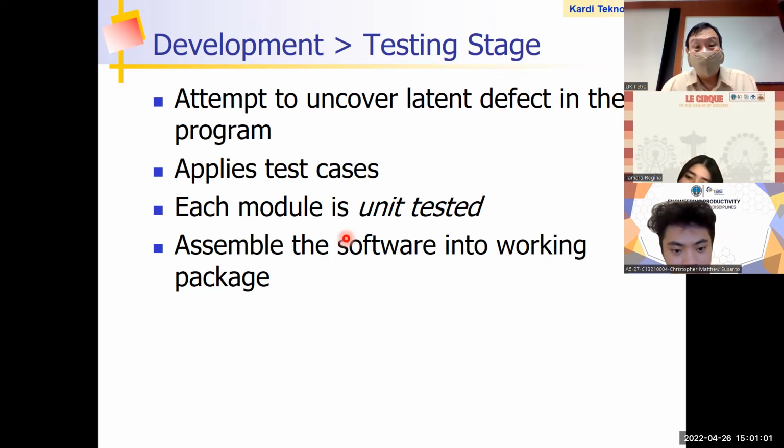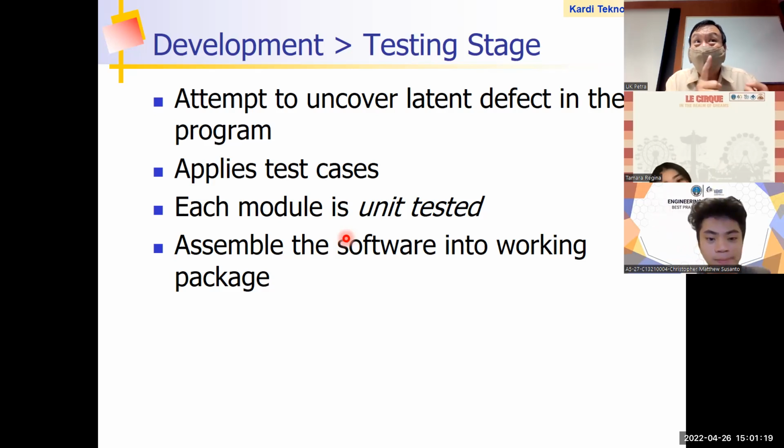Even if you already tested, this is still unstable. So this is the alpha version. After that, you go to other teams. Sometimes if your project is very big, there are certain people whose job is only to test your software.